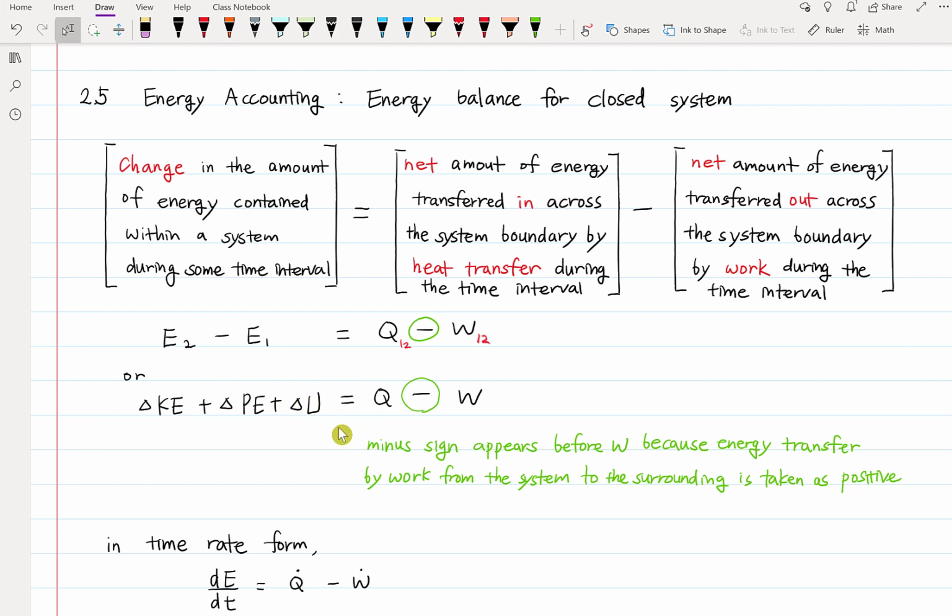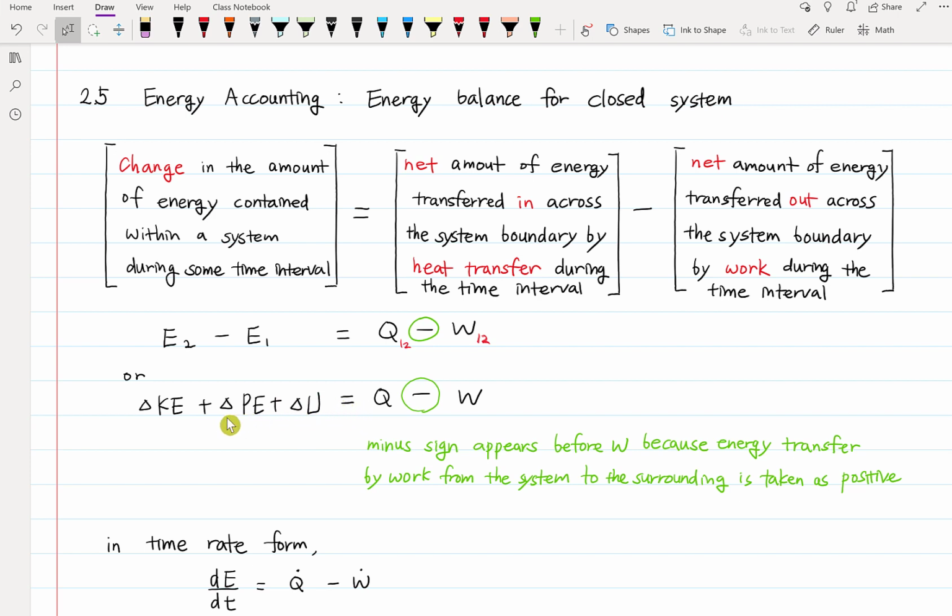Internal energy is the sum of all microscopic forms of energy related to individual molecules and atoms in the system. There may be other forms of energy in the system.